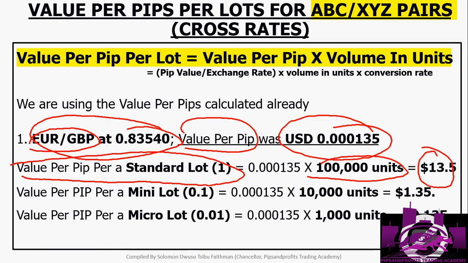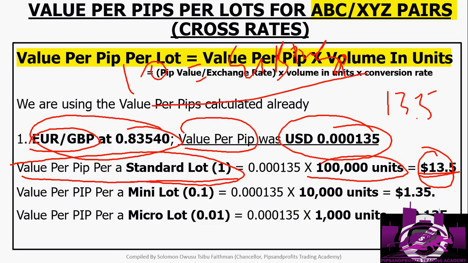So you can see that 1 pip for a standard lot is even 13.5, as compared to 10 for the GBP USD that we looked at. You can see some differences over here. It should give you an idea of the kinds of pairs to trade.